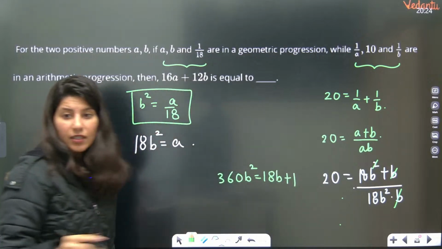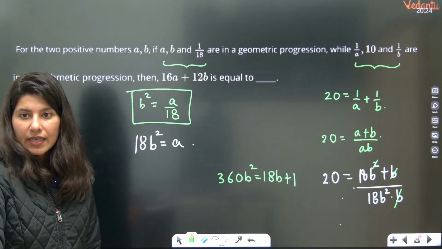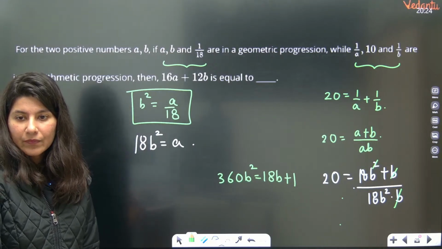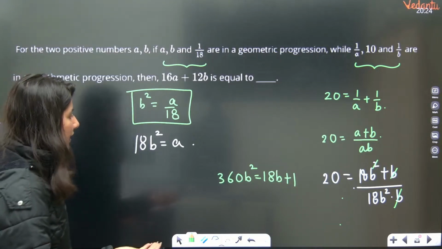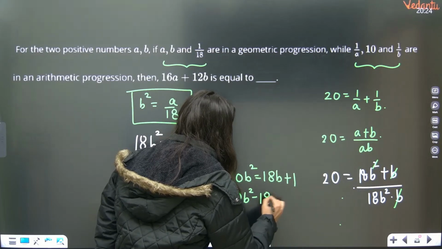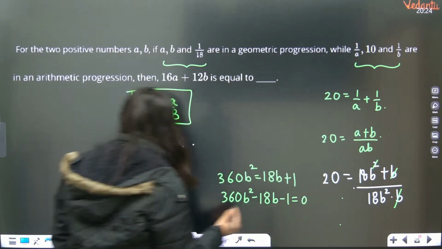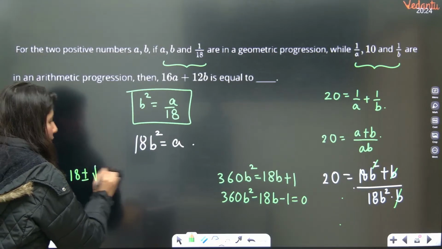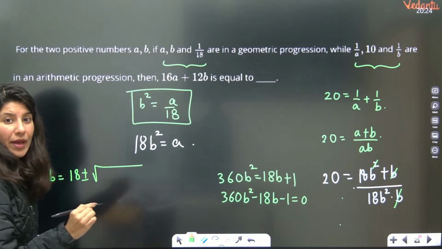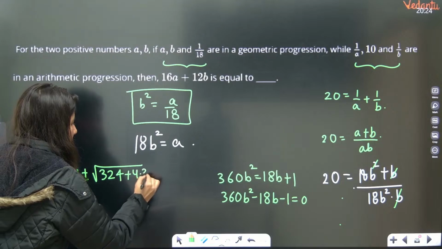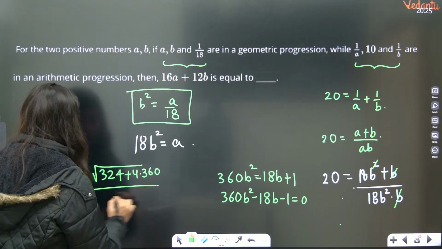This is a clear-cut quadratic equation getting formed over here, in b. So from here you can calculate b. 360b square minus 18b minus 1 equals 0. So you have to apply the quadratic formula. b is equal to 18 plus minus square root of 18 square, 324, plus 4 into 360, upon 2 into a.